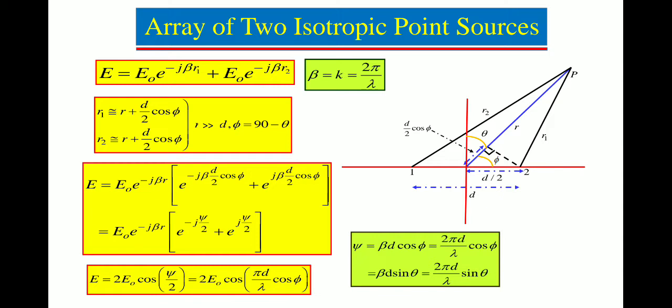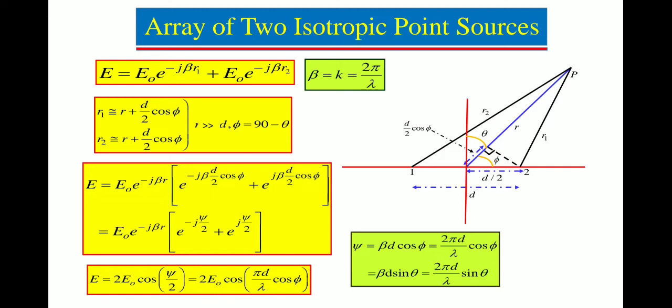In this figure we can see point 1 and point 2, each considered at d by 2 from the origin. The total dimension between these two points is d, and from point P we consider the different distances R1, R2, and the main distance R.